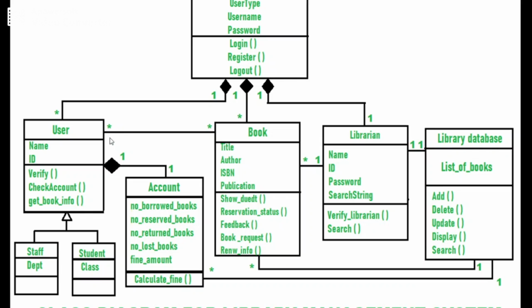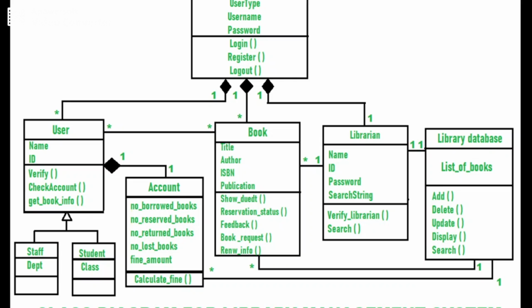So we'll come to user class. First, user class. What are the attributes here? Username and its ID. And what can the user do? Verify, check the account, get book information. These are the operations. Now, can you see this type of notation? What does it indicate? Generalization or inheritance.